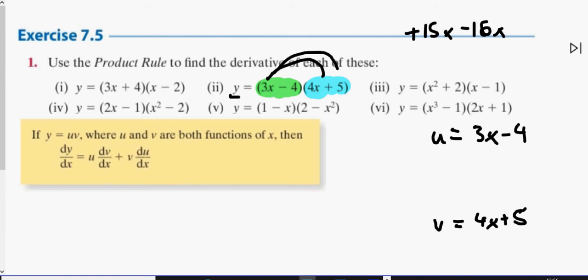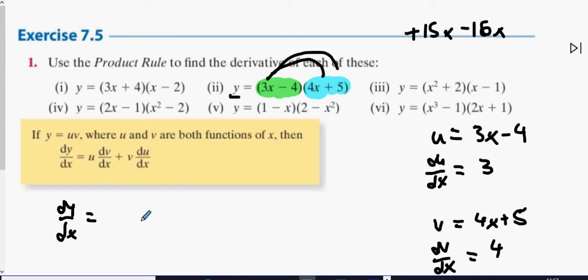What do you think du/dx means? Differentiate u. So let's differentiate u, and what do we get? 3. Let's differentiate v, and what do we get? 4. And what does the rule tell us to do? dy/dx is what? u times the dv/dx. So what's u?